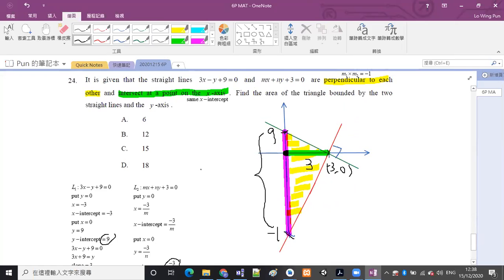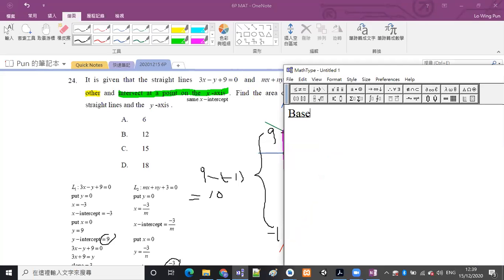係咪9減-1？即係10啦。You see this? So the base is equal to 9 minus -1, which is equal to 10, and then the height is equal to 3, and then the area is equal to 1/2 times base times height, which is equal to 15.